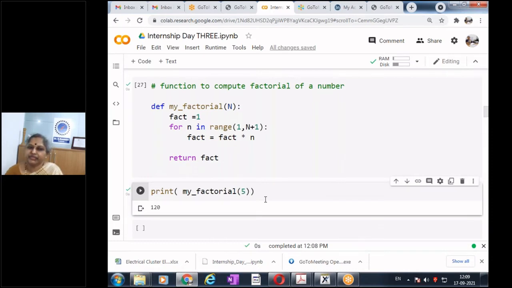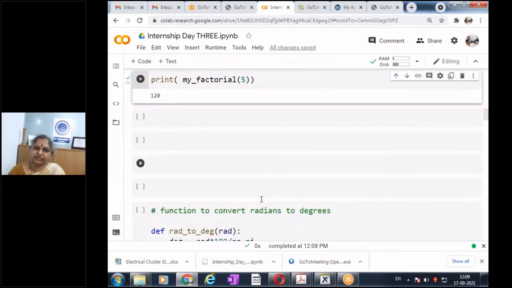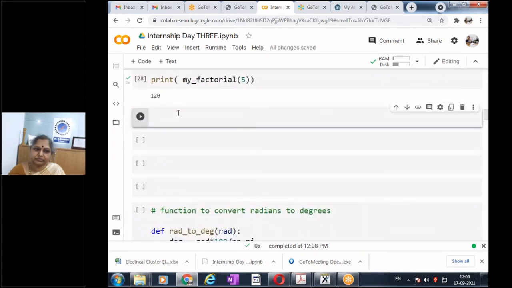So we have now seen how to define small functions so that it makes computation easy. Now I want you to define a function for generating the Gaussian distribution.